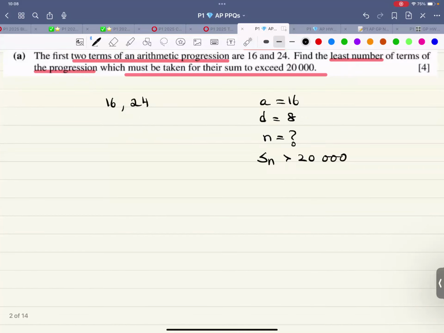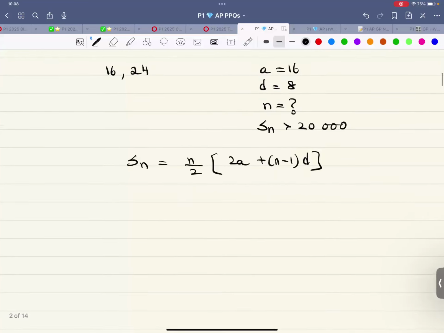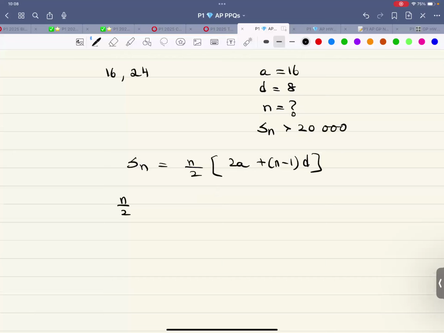So, first of all, we will write Sn, that is n divided by 2 times (2a plus (n minus 1) into d). n is unknown, so n divided by 2 times (2 times 16 plus (n minus 1) times 8). This thing is greater than 20,000.